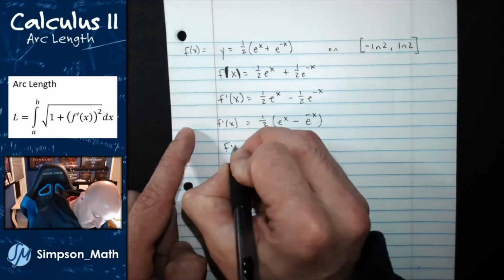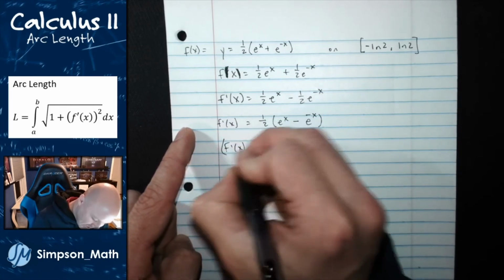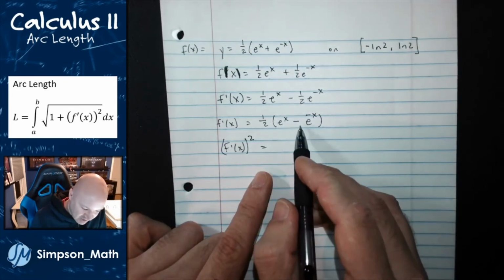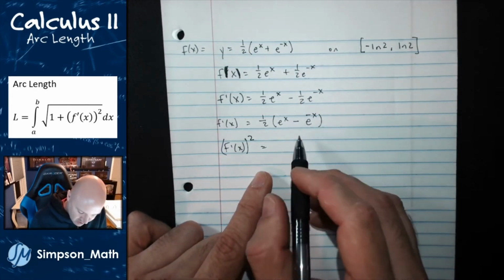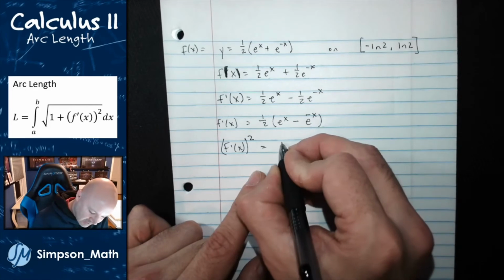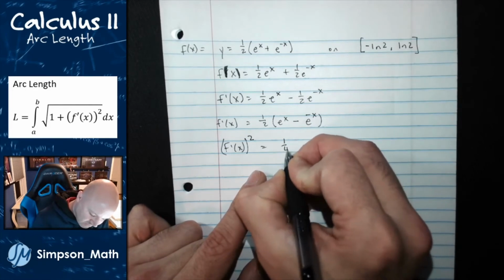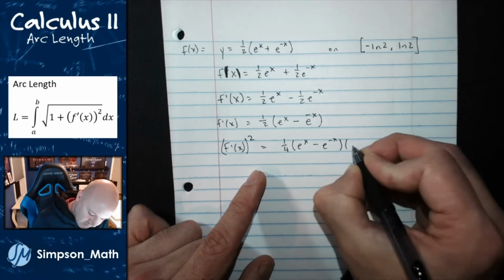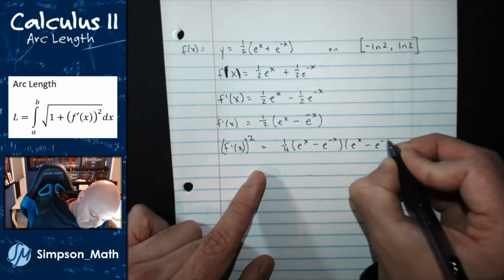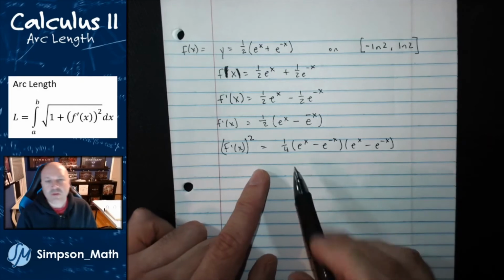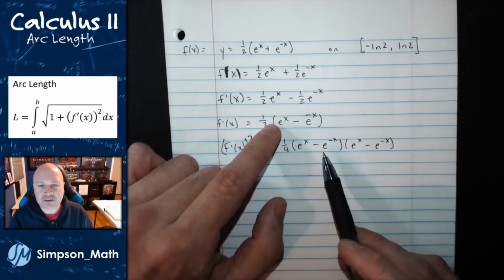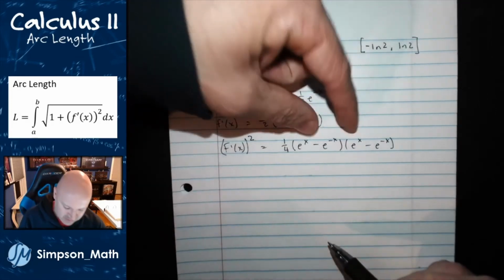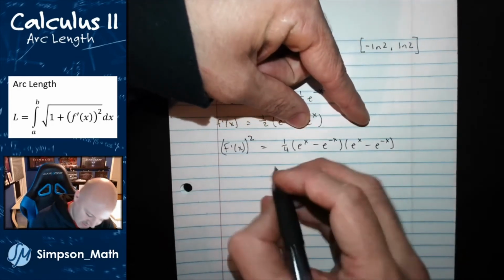So this is the derivative of f squared. It's just that thing squared. I think I'll just acknowledge that I have 1/4 and then 2 of these. So a half times a half is a fourth, and then just distribute this out. I just kind of want it written side by side so I can play with my fingers.